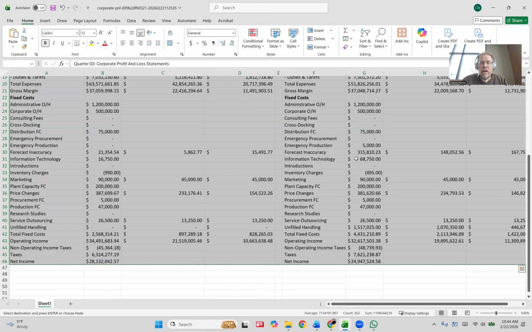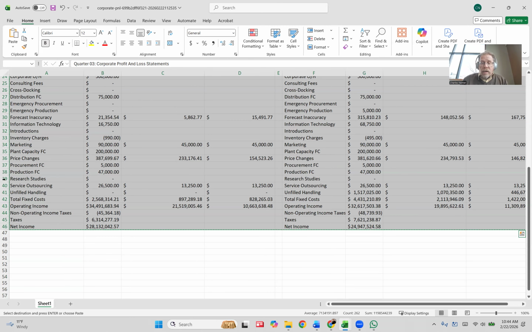You had a little bit of an increase in information technology, typically because you probably used RFID and things like that. Coming down here, the marketplace is hitting you, saying because you missed our orders, there's a penalty for unfilled handling, which makes our total fixed cost go up quite a bit. That's almost $2 million of the roughly $3 million.